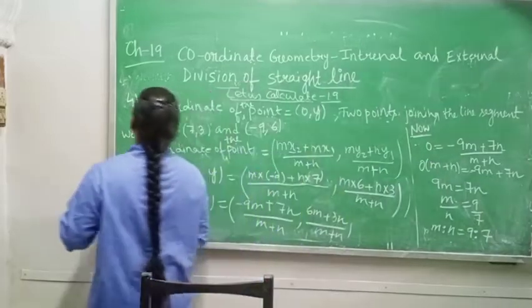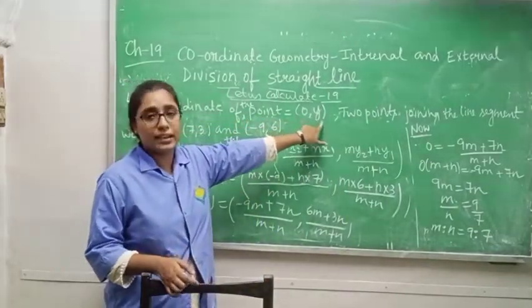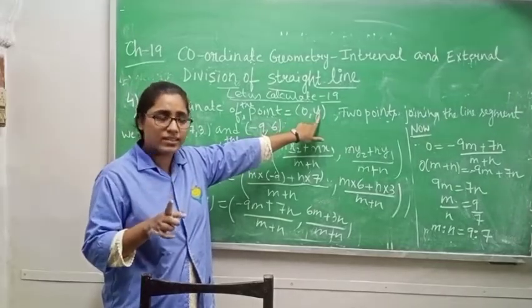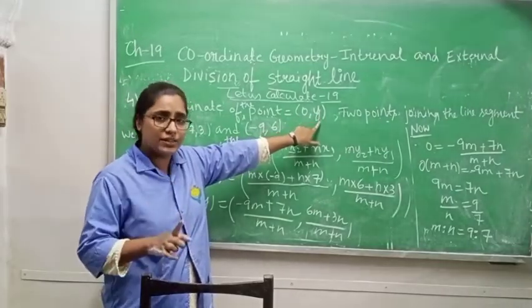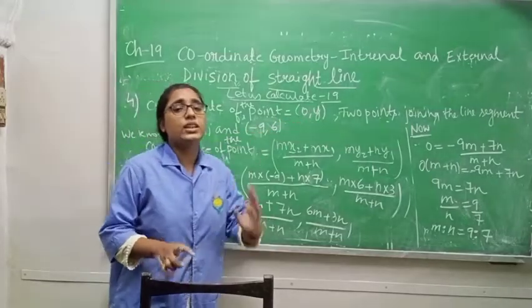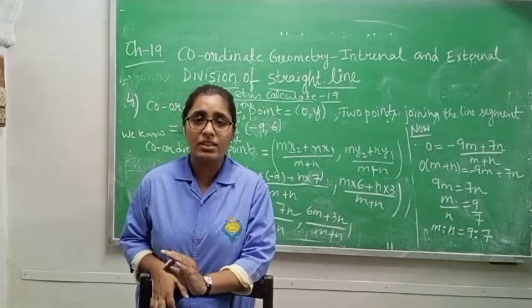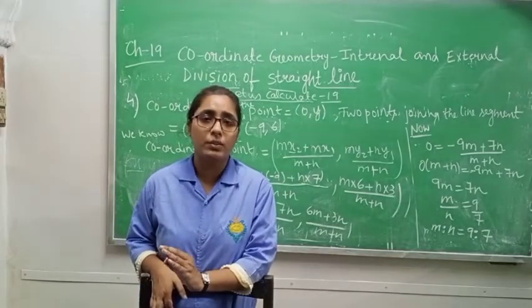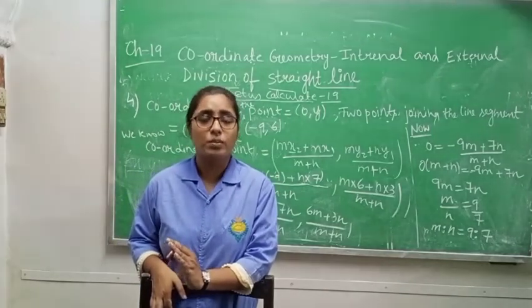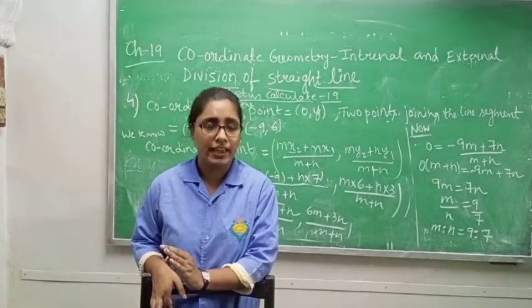For this reason I have written coordinate of the point is 0, y because it is divided by y-axis. So in y place you will write y, but in x place you will write 0. Suppose that in question it is given that it is divided by x-axis. It means that coordinate of the point will be x, 0. Means y will be 0 and in place of x you will write x.